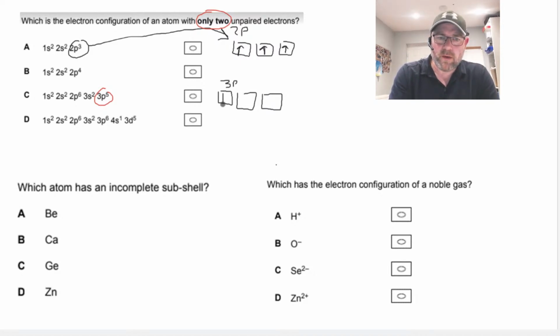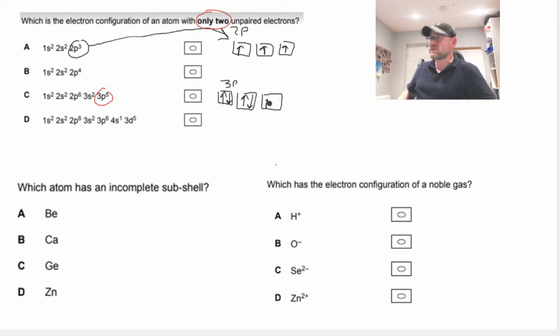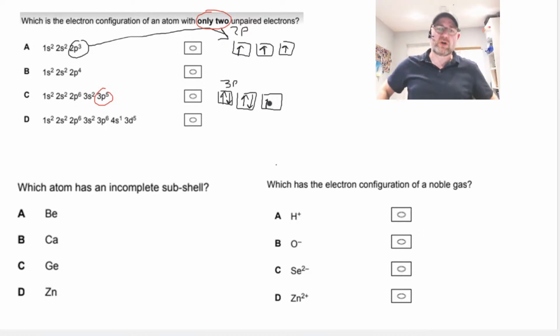With 3p5, you draw an arrow up and an arrow down. The arrows show the electrons in the same region spinning in opposite directions. One is spinning this way and one is spinning that way. If they ever pass each other, it minimizes the repulsion between the 2 negative charges.